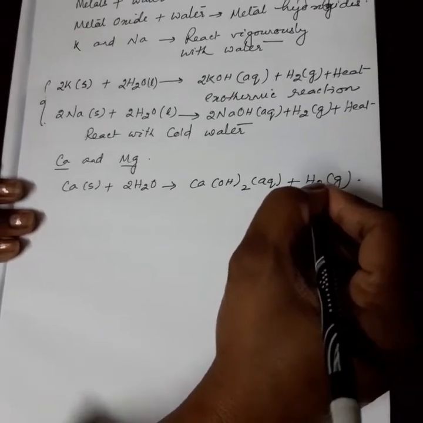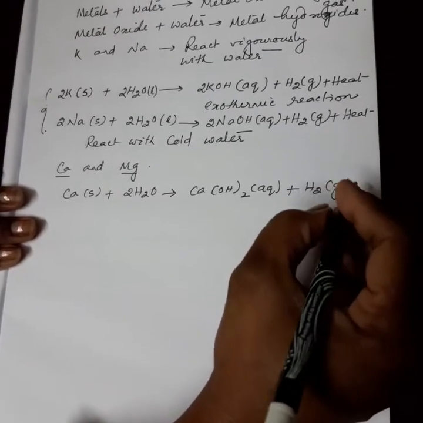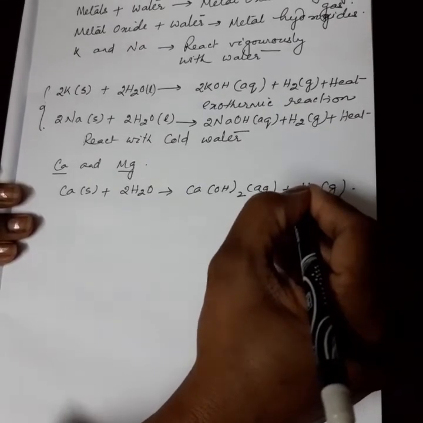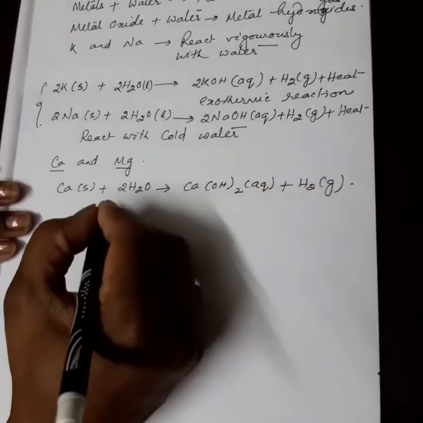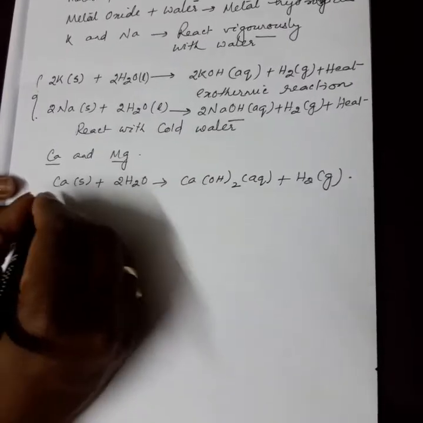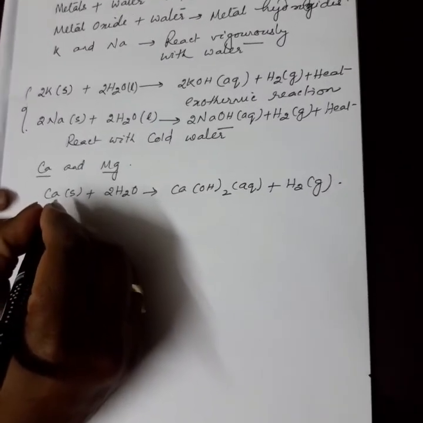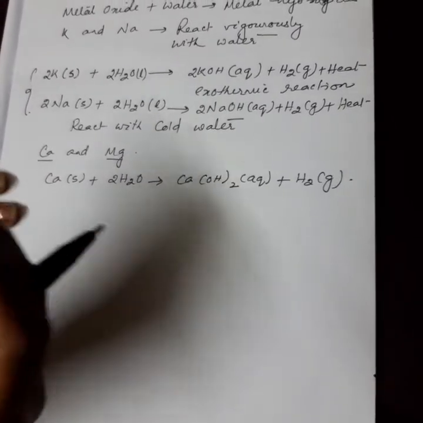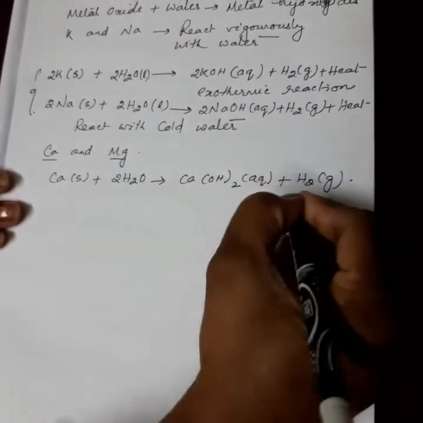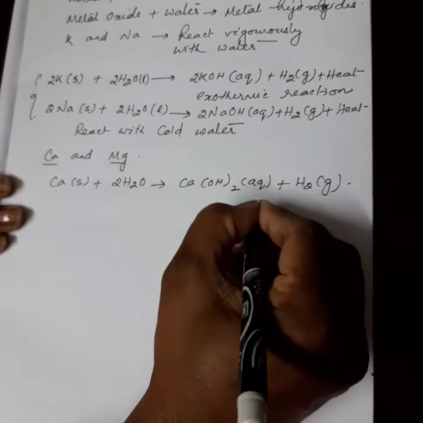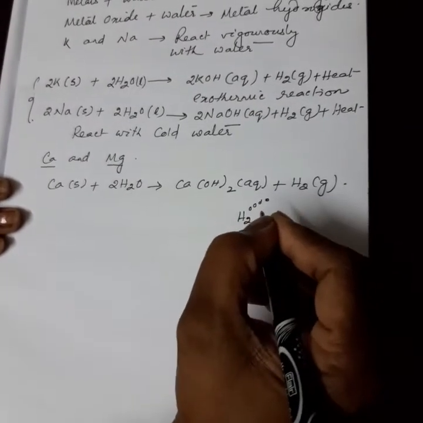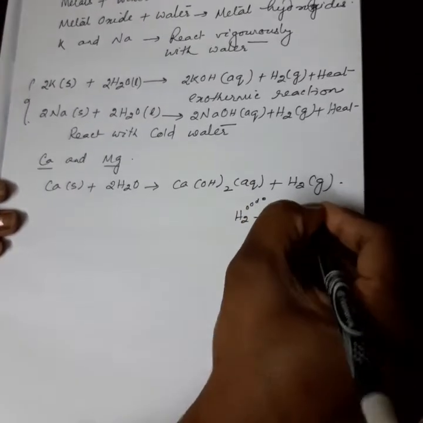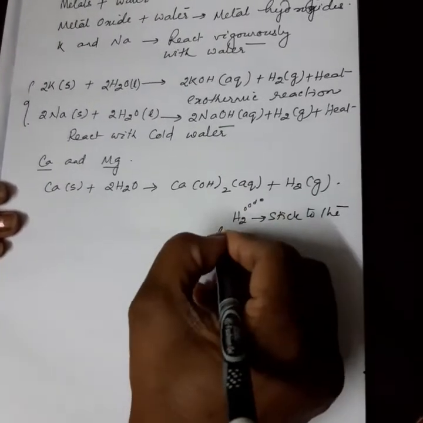In this case, what happens, children? This hydrogen gas which is produced sticks to the metal. Which metal here? Calcium. So, calcium starts floating, because the hydrogen gas forms bubbles and they stick to the surface of the metal.